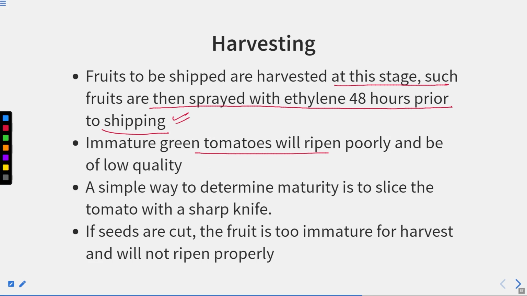Immature green tomatoes will ripen poorly and be of low quality. A simple way to determine maturity is to slice the tomato with a sharp knife. If seeds are cut, the fruit is too immature for harvest and will not ripen properly.